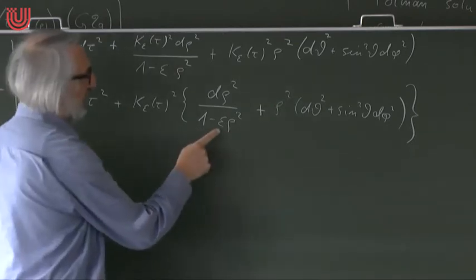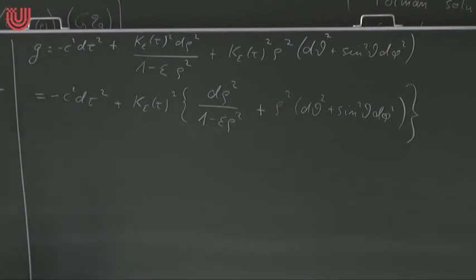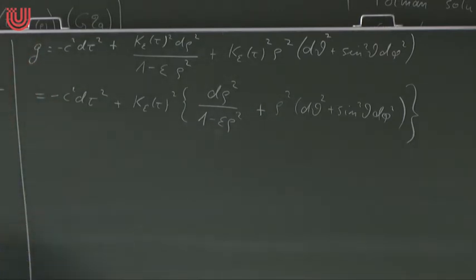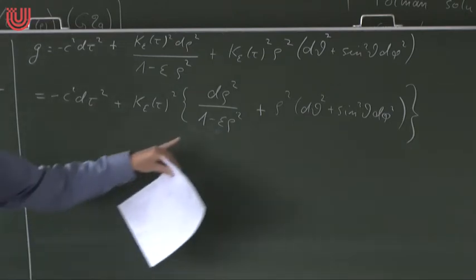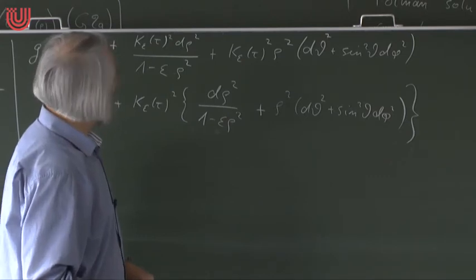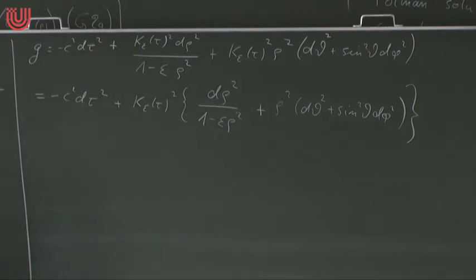If epsilon is plus 1, then that's a 3-sphere, the standard metric on the 3-sphere in particular coordinates. Maybe some of you have seen this before. So S3, the thing which is embedded into 4-dimensional Euclidean space. And if epsilon is negative, then it is hyperbolic space. It's a space of constant negative curvature.